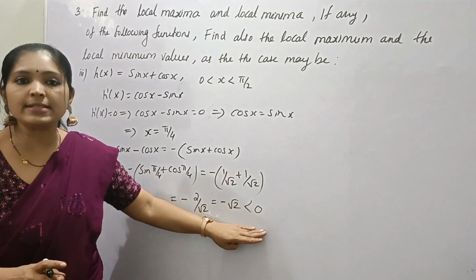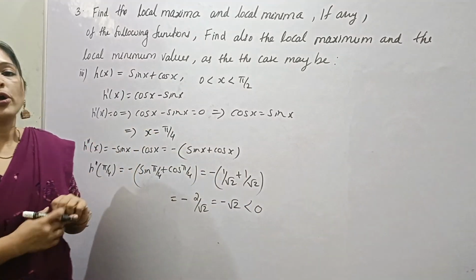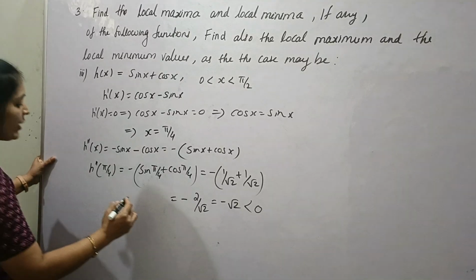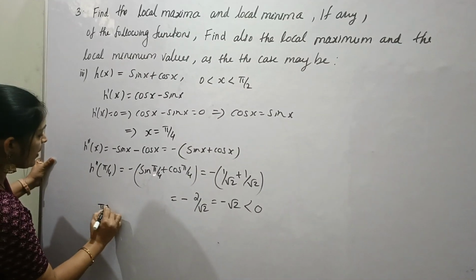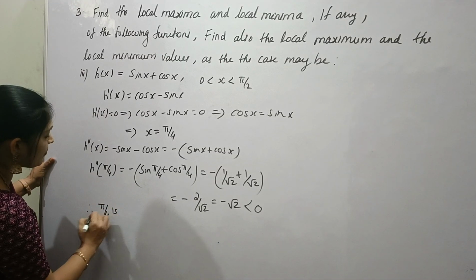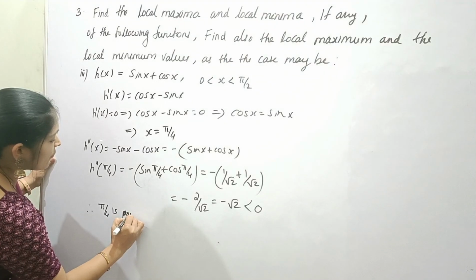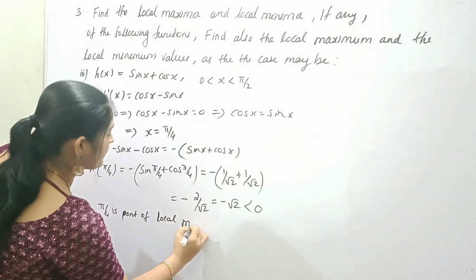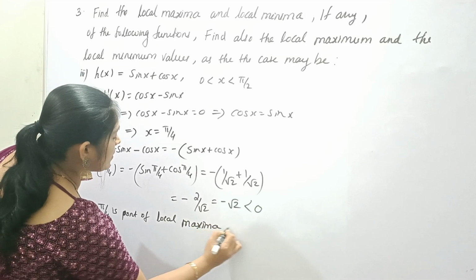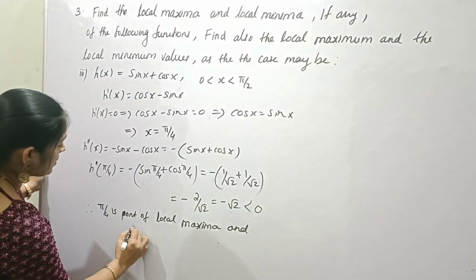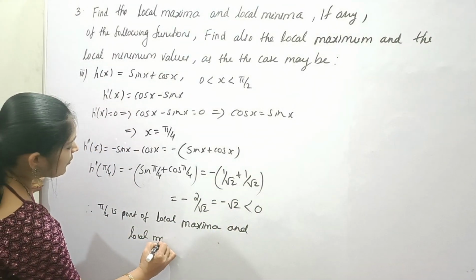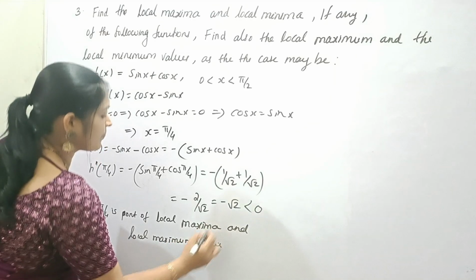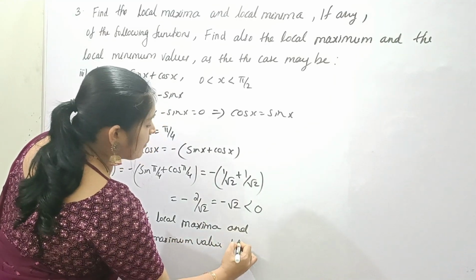Okay. Since it is less than 0, pi by 4 is a point of local maxima, and the local maximum value is h of pi by 4, right?